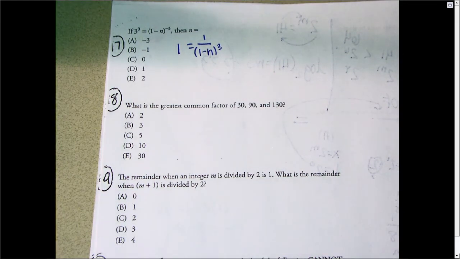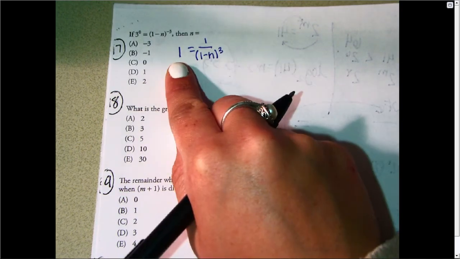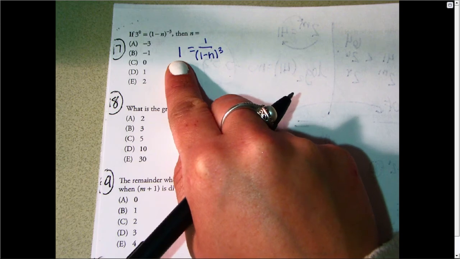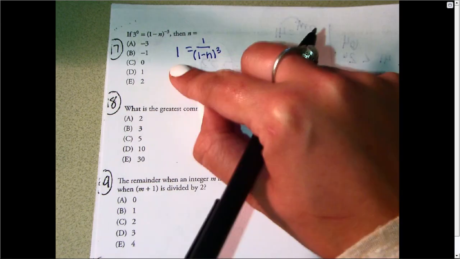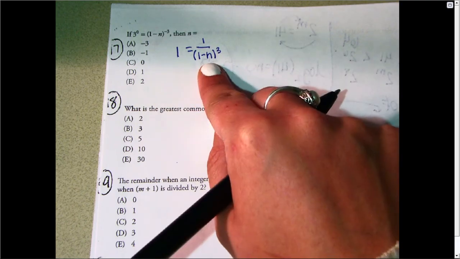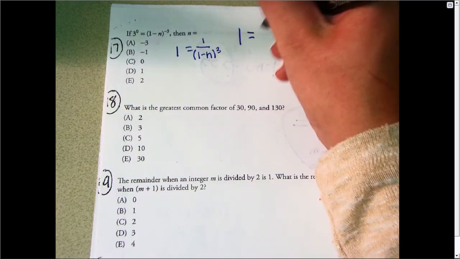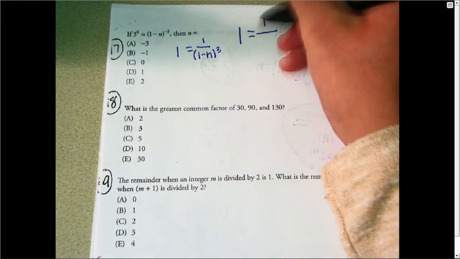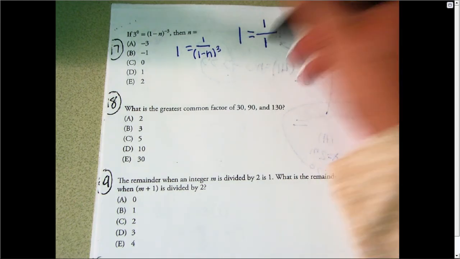This fraction must equal 1. This fraction has to reduce to 1, which means my denominator has to be 1. In order to get a fraction like this to simplify to 1, my denominator has to be 1.